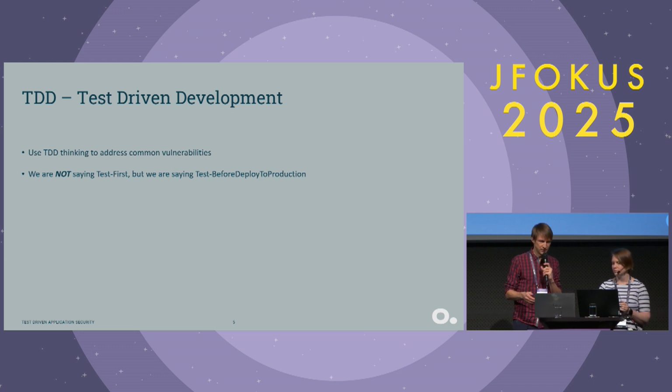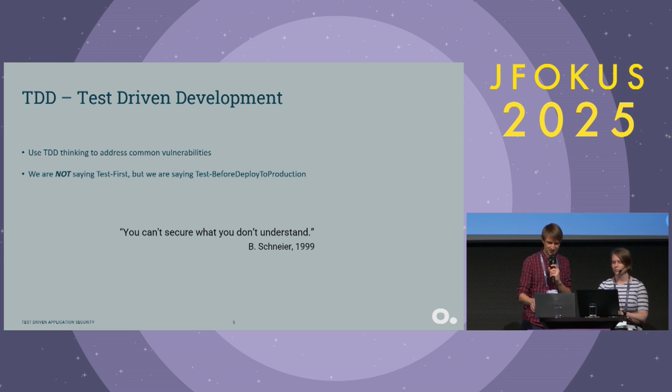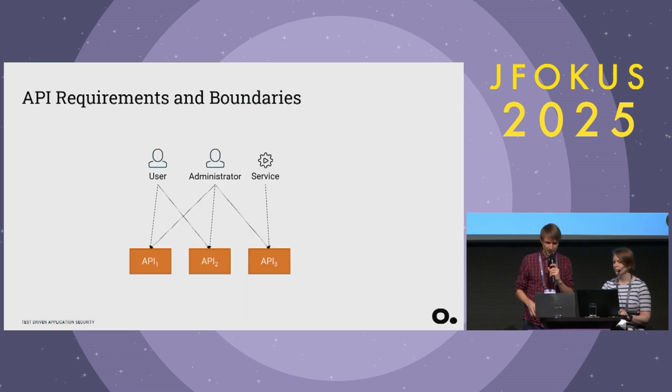Yes, or put in another way by Bruce Schneier, some 25 years ago or so: you can't secure what you don't understand, and tests will help us understand and define exactly how a function should work, not just the happy case. So now let's look at how we can apply test-driven development thinking to application security.